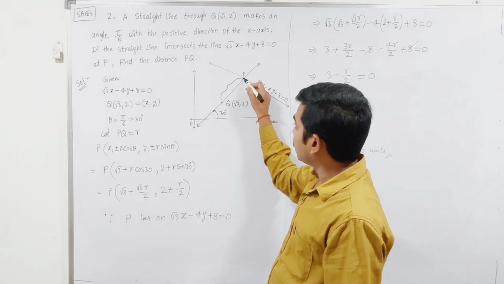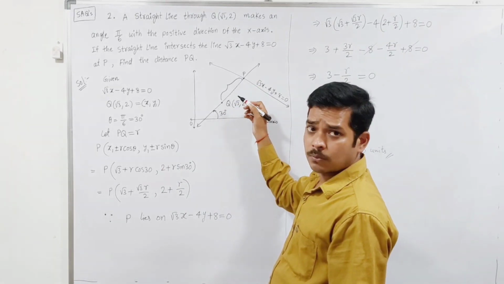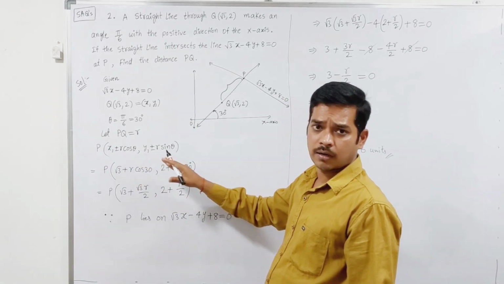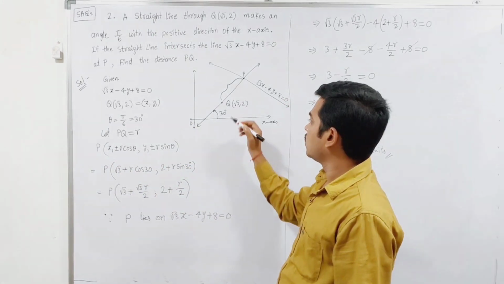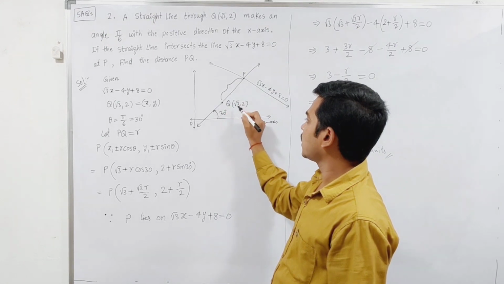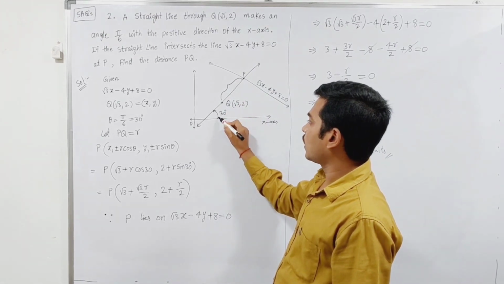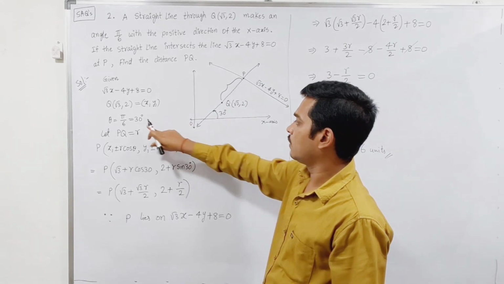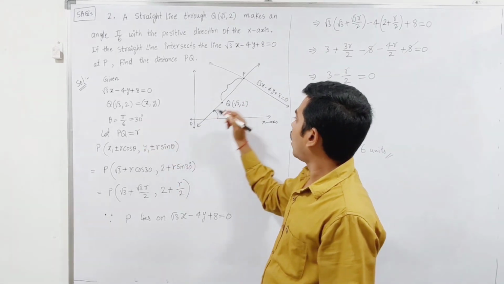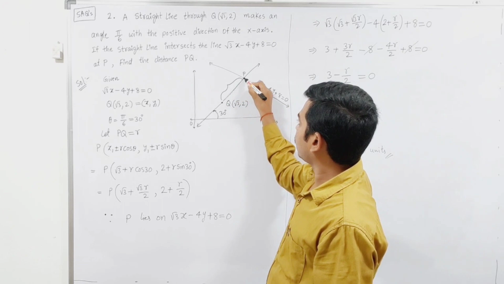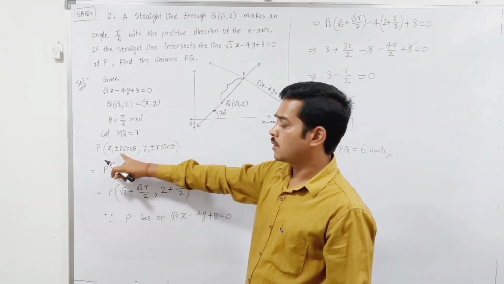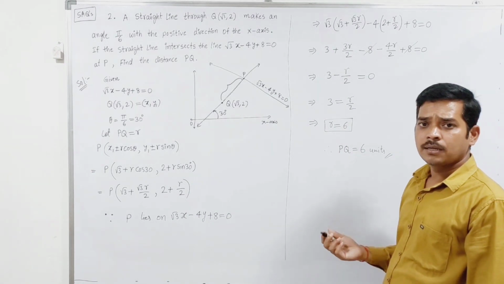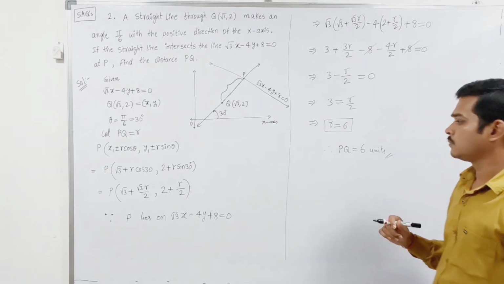P also lies on this line, so P is also in the form of x1 plus or minus r cos theta, comma y1 plus or minus r sin theta. Here the given point is treated as x1, y1, the given angle of inclination of this line is 30 degrees, that is theta. Small r is the distance between P and Q. By using the parametric concept it will be easy.